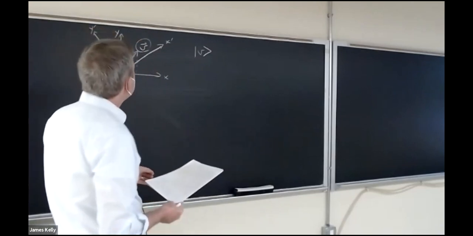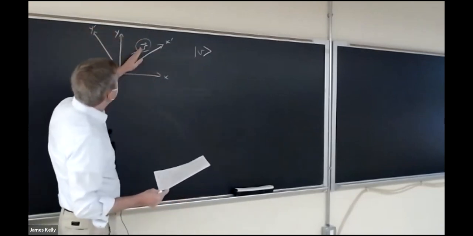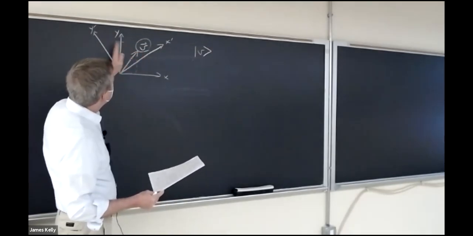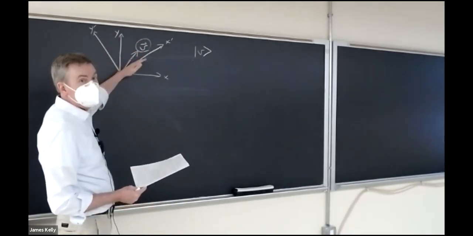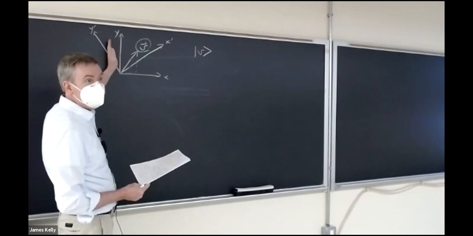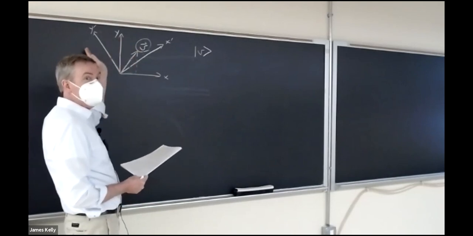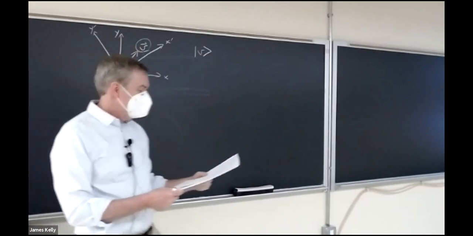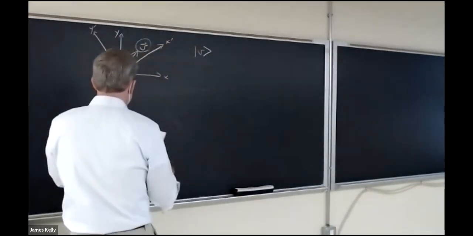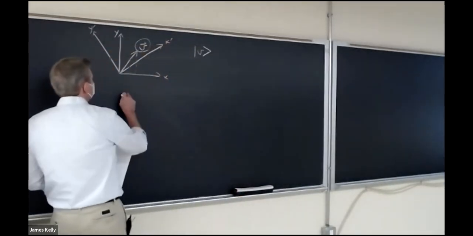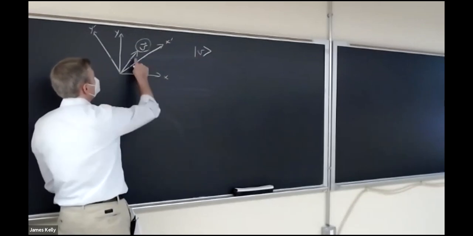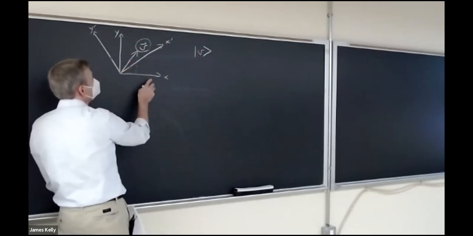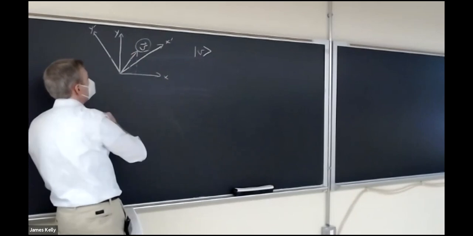Okay, so just like I could give the components of this vector v in various different bases, the x hat, y hat basis, or the x prime, y prime hat basis, it's the same way that I could write this vector as a linear combination of x hat and y hat.